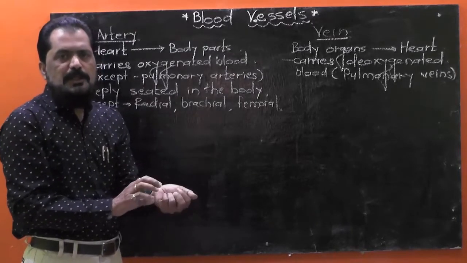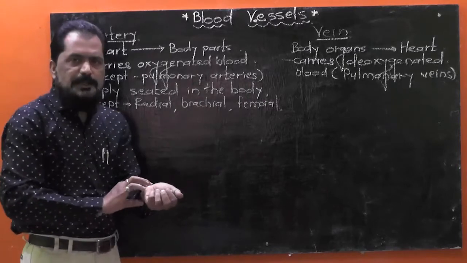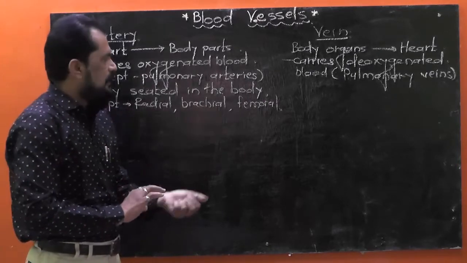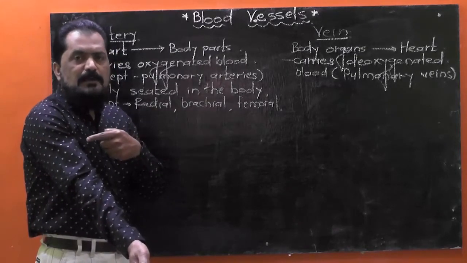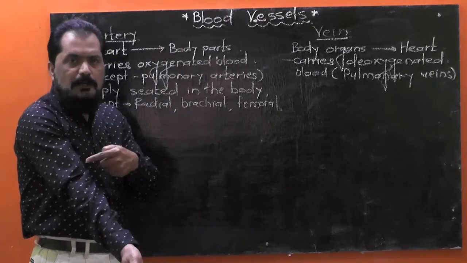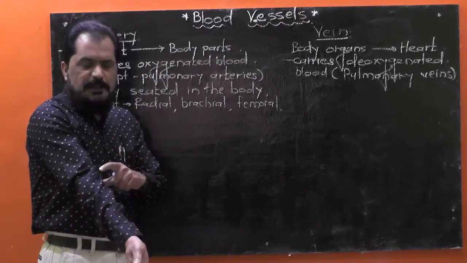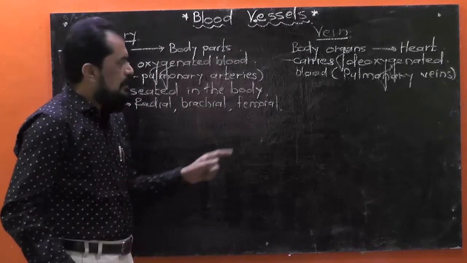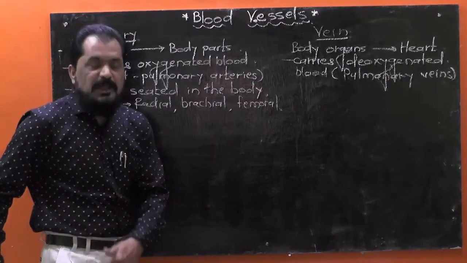Generally the pulse can be noticed at radial artery near the wrist region. The brachial artery runs along the medial part of the upper arm, and the pulse can be noted at the brachial artery near the elbow region, while femoral artery passes through the thigh region.